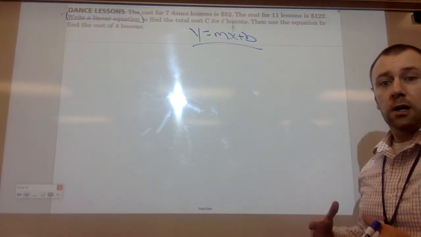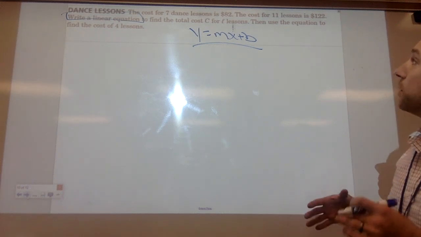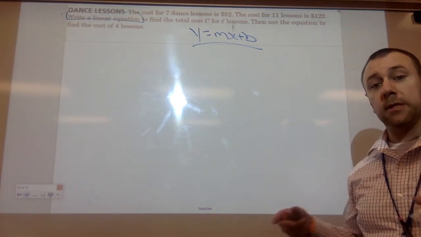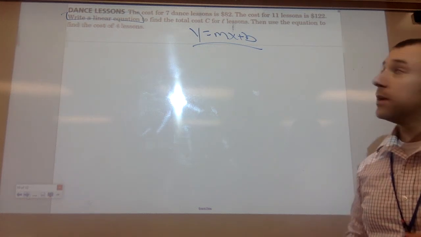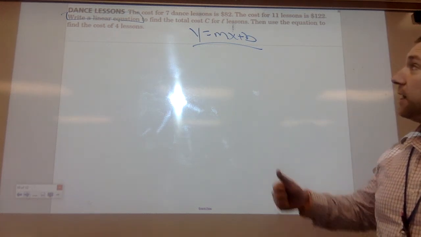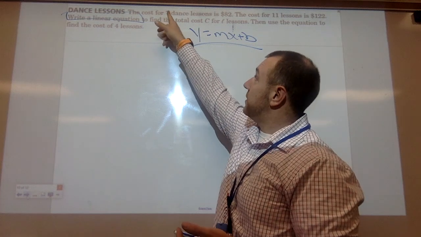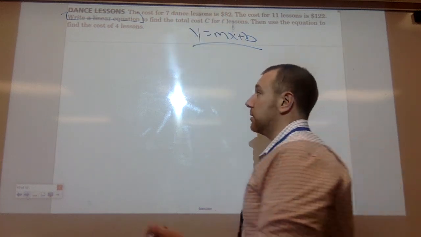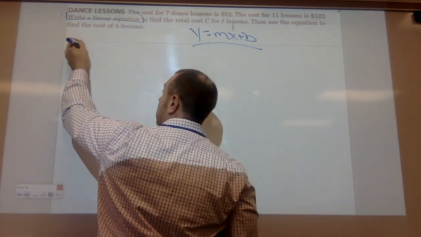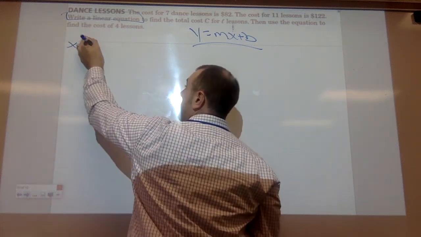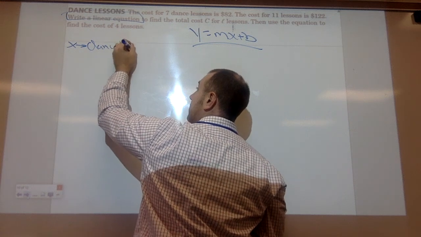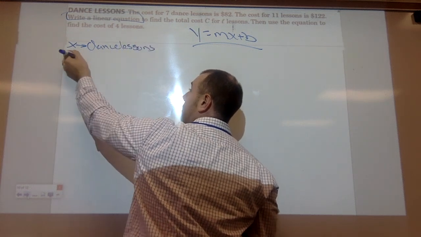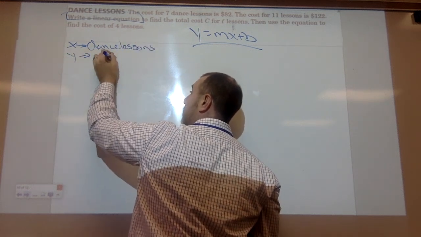What you need to notice is that I gave you 4 numbers, and those 4 numbers represent 2 points. So if I say the cost of 7 dance lessons is $82, that means that my x, my first variable, is going to be dance lessons, and my y is going to be cost.